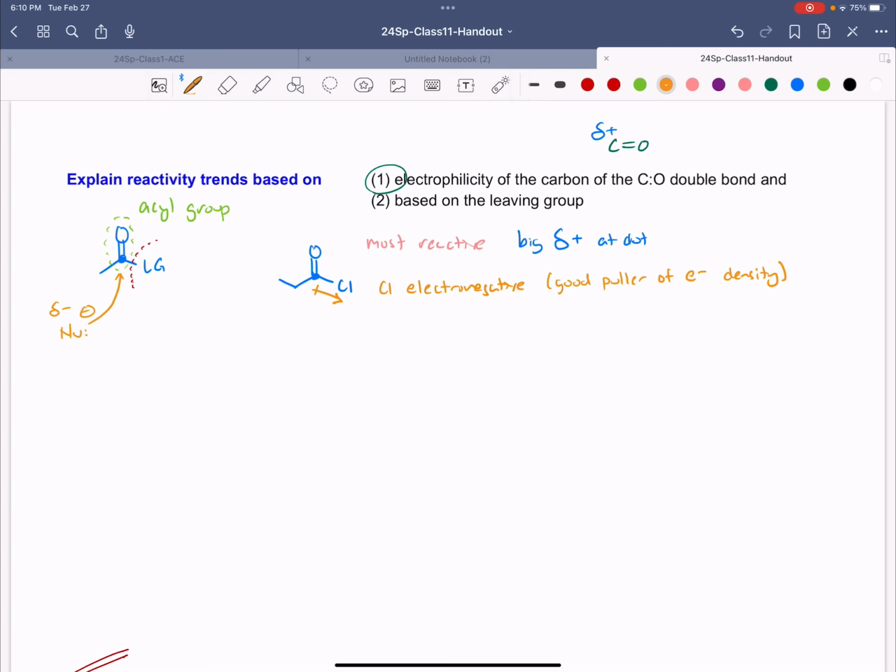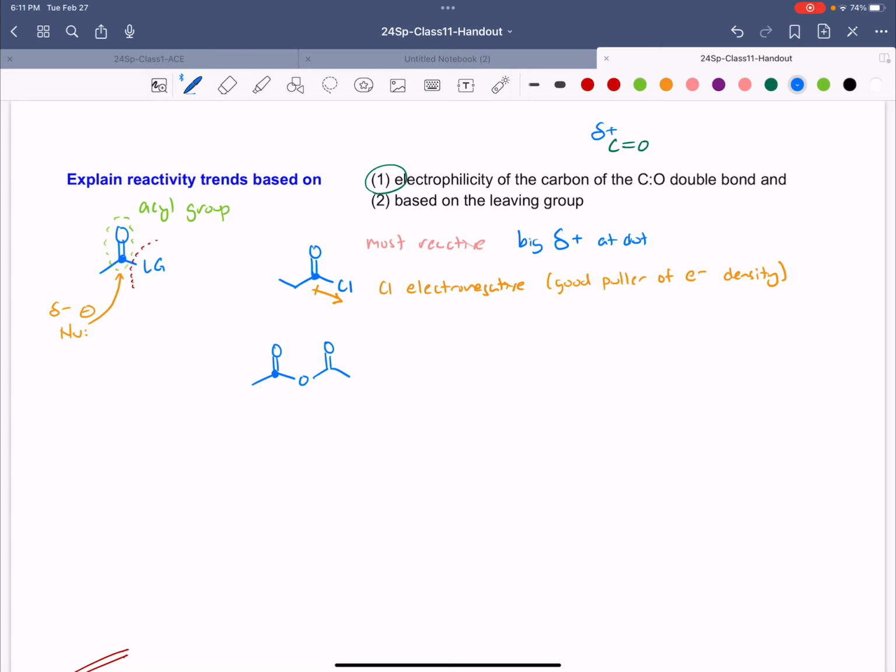That's the most reactive. The next most reactive, where the pulling is not as effective, is the anhydride. With an anhydride, there are two spots to attack, but I'll make this symmetrical and we'll only focus on the one over here on the left.